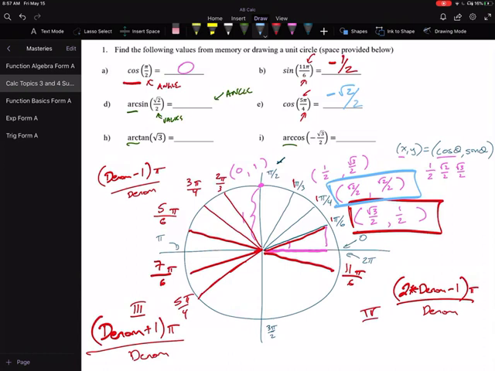Okay, and finally, we have arcsine, arctangent, and arccosine. So I'm going to clean up some of this work.